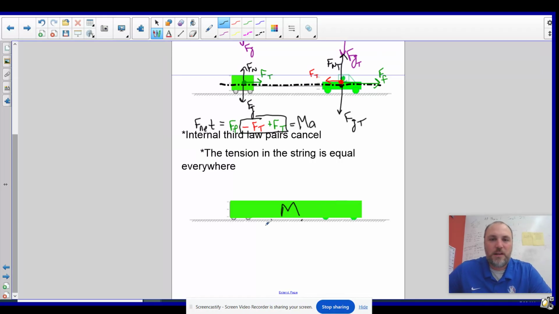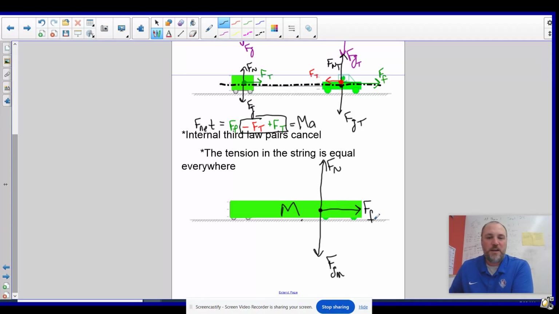And I'll draw a third free body diagram. So I've got the individual objects and now also the free body diagram of the system, which would be the weight of the system, the normal force of the system, and just that force of friction that's making the system move. So my system's free body diagram, since I've drawn this big box around the truck and the trailer, I'm not going to consider those internal third law forces because I know that they cancel out.